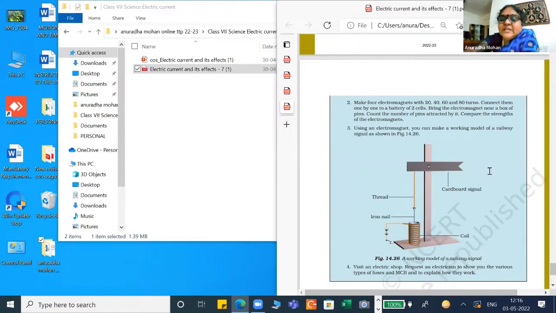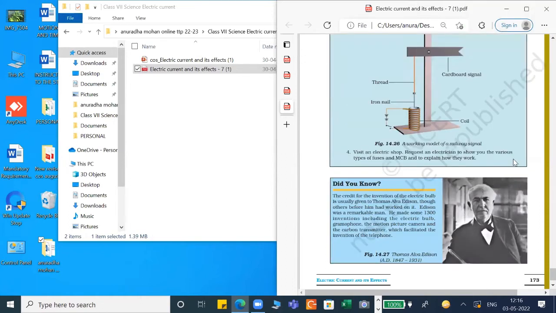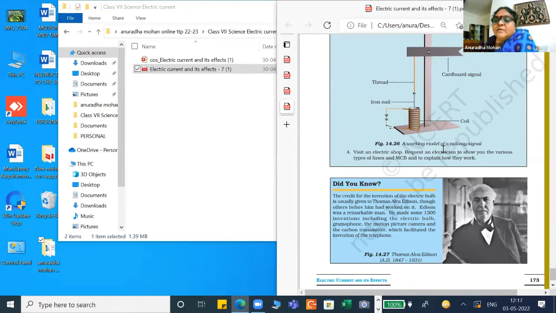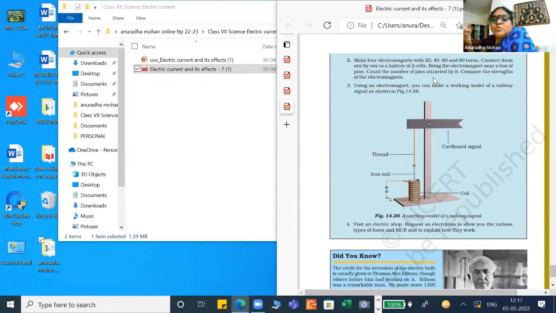The signaling system is something which the children love to make. There are so many people who have done this particular thing. Many children do, and they make the crane also. You tell them to do an electromagnet, they will do the crane also. They'll put a pulley and do it. So this was the lesson.